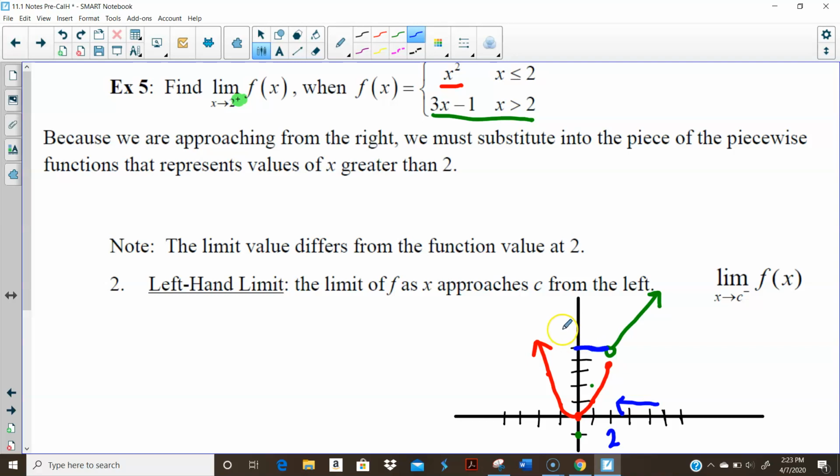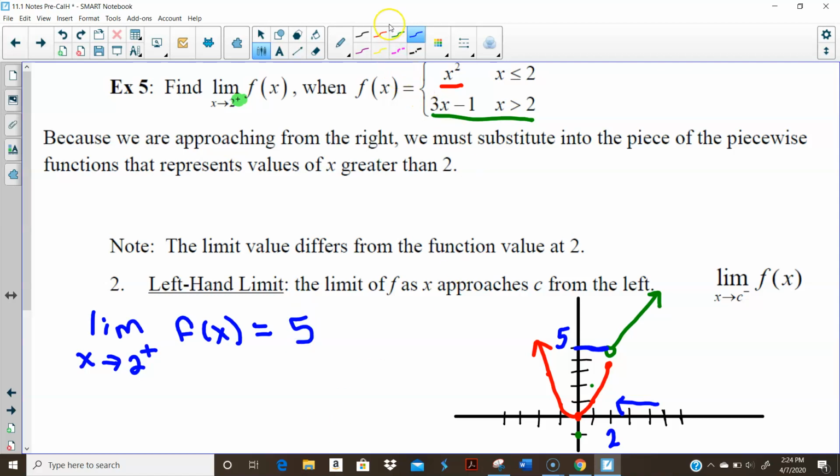And when x is 2, f of x is approaching 5. So therefore, the limit as x approaches 2 from the right-hand side of the function f of x, which is this piecewise function, is equal to 5.